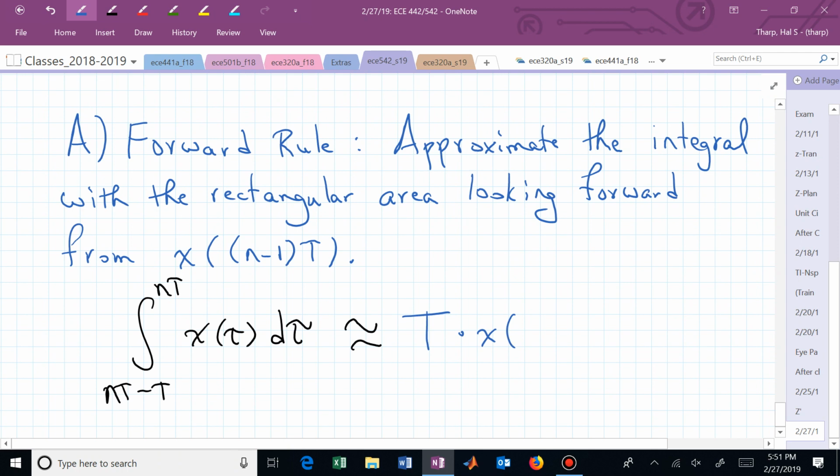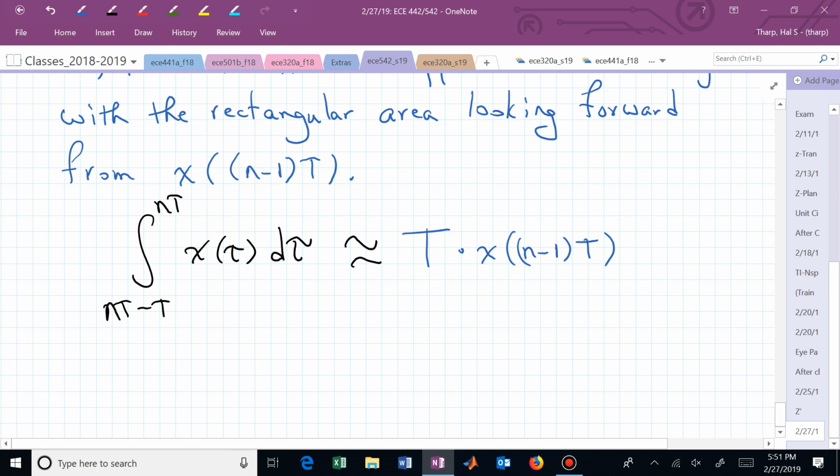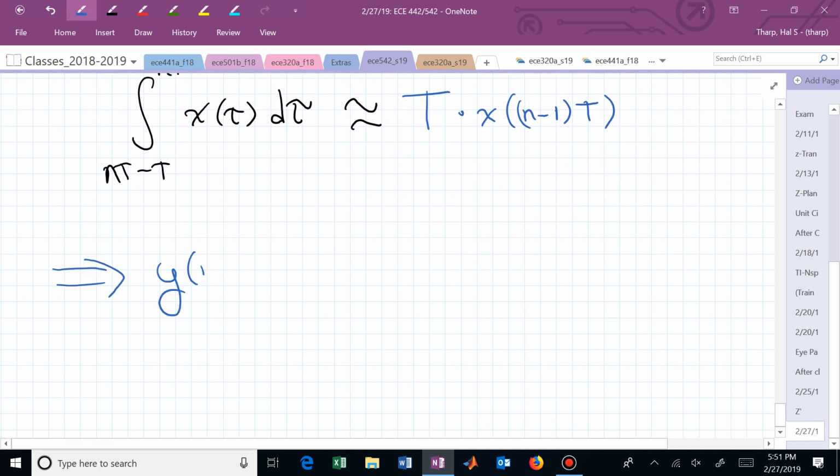And the height is just the value of our function x at the left point on that x of t function. That's now the way that we will numerically approximate or perform this numerical integration with the forward rule. Or we can now say that y at time little n capital T is approximately y of n minus 1 capital T plus the approximation of the integral, which is T x of n minus 1 T.